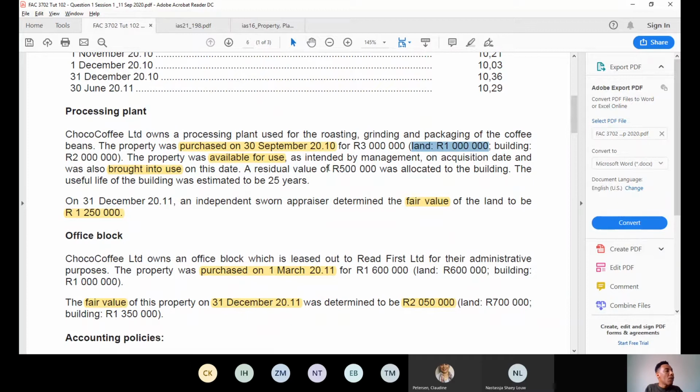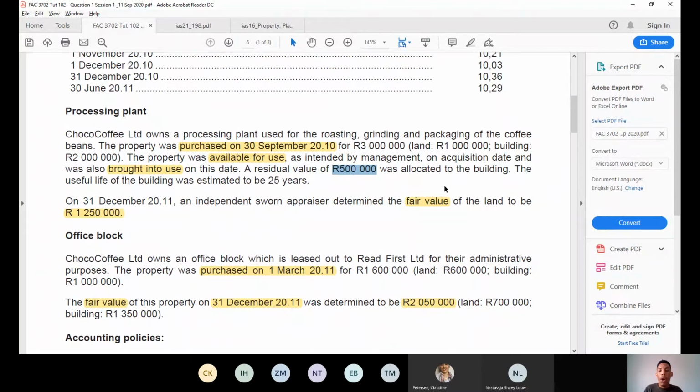A residual value of 500,000 was allocated to the building. Now, if I were to ask you, what was the depreciable amount for this building?